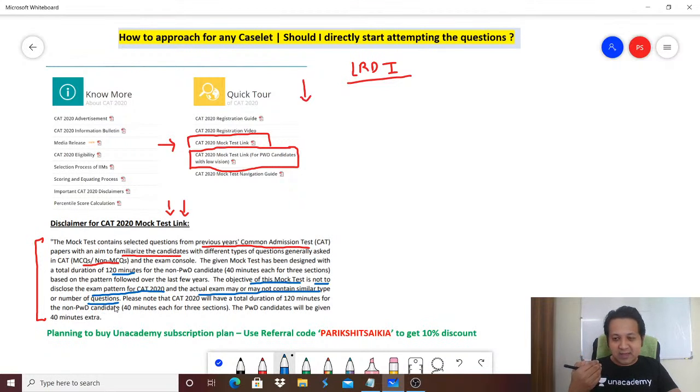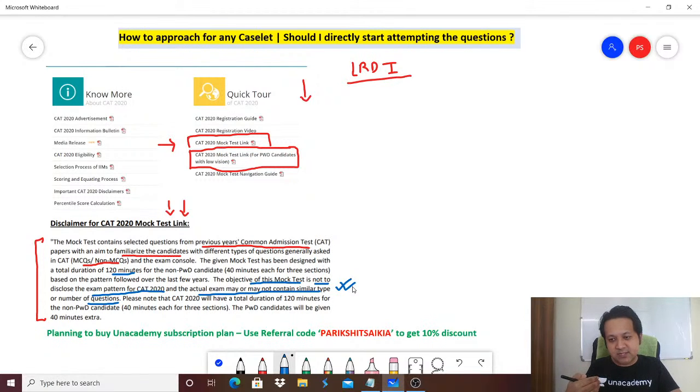Previously the mock exam used to have 34 questions for verbal, 32 questions for DILR and 34 questions for quants, and hence we also used to assume that there would be the same number. But this year they have specifically mentioned that the number and the type of questions is something they do not want to disclose.